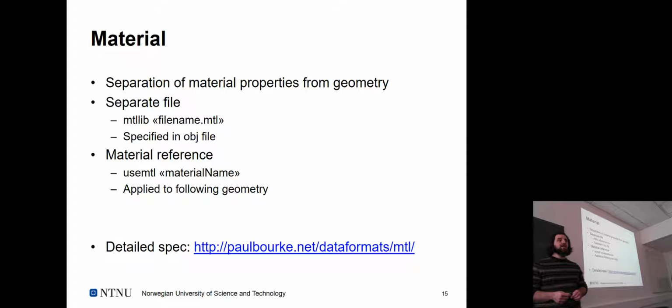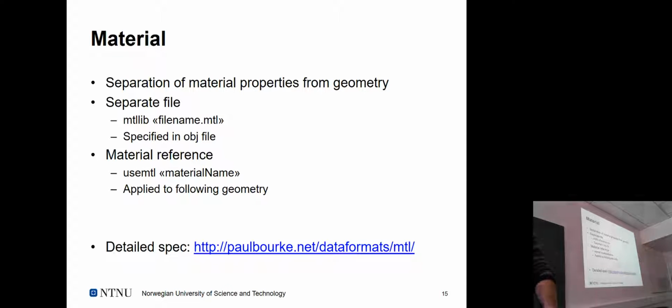The OBJ defines the geometry, surface and shape, and can optionally come with a material library, with the syntax mtllib with a file name and an .mtl extension. We use usemtl to refer to particular materials and apply them to the geometry that immediately follows it in the OBJ.